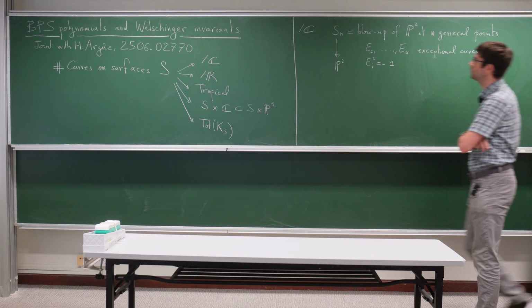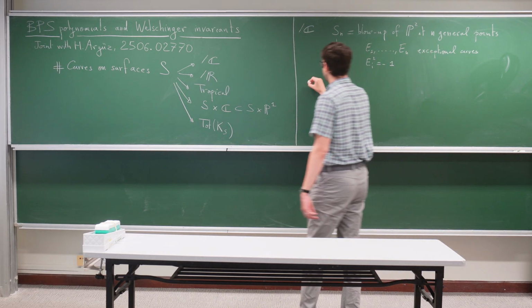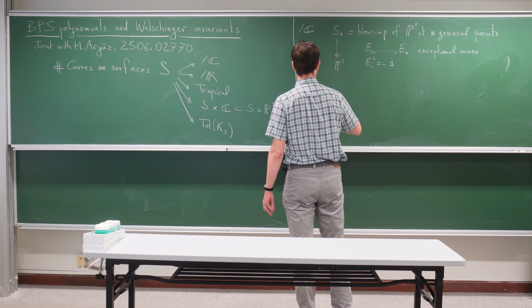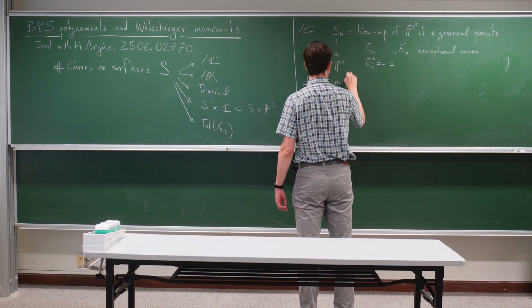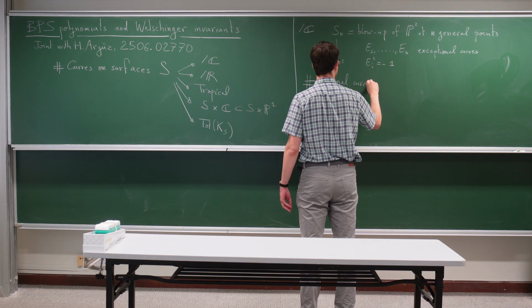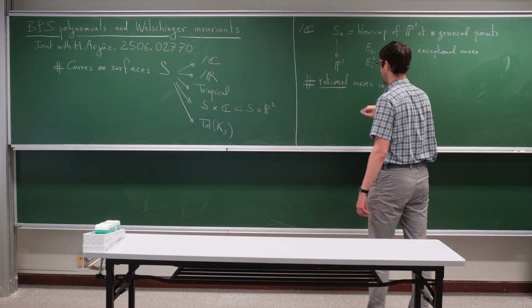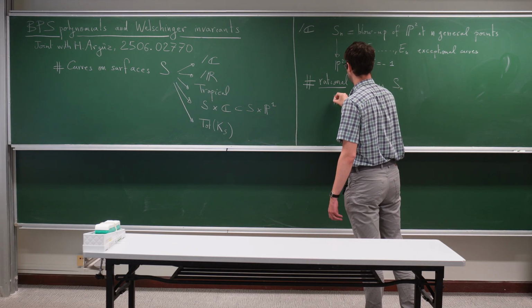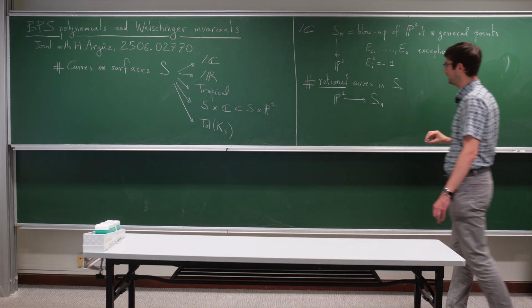And now we would like to count curves in this surface Sn. And to start with, we'll only count rational curves in Sn. A rational curve, you can think, in the simplest possible case, will just be a map from P1 to Sn.